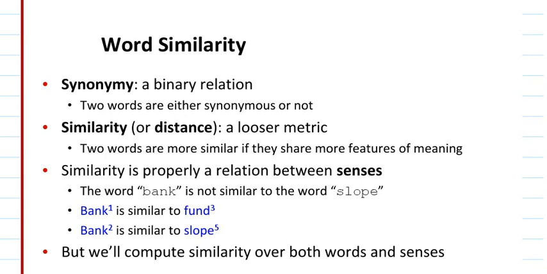It will be vague, because some sense of bank is related to the word slope, right? So we need to compute the similarity using some similarity measure between the words and their senses as well.